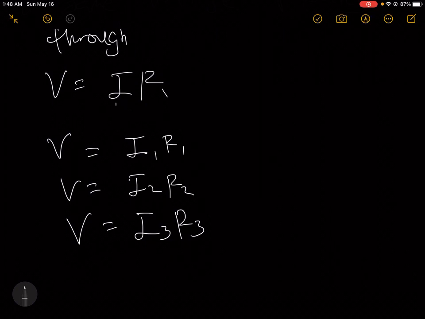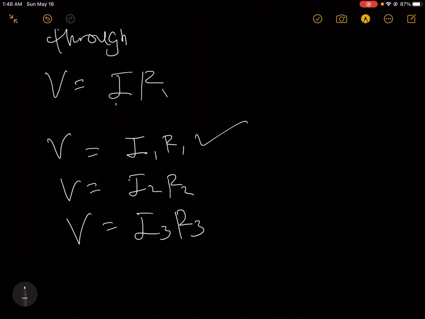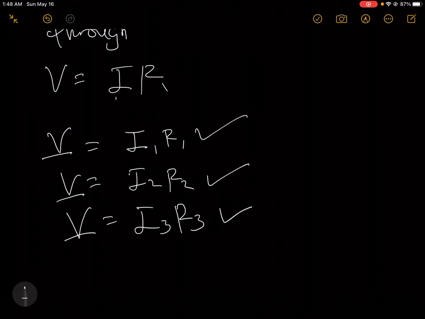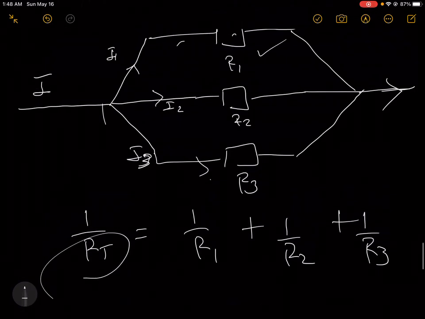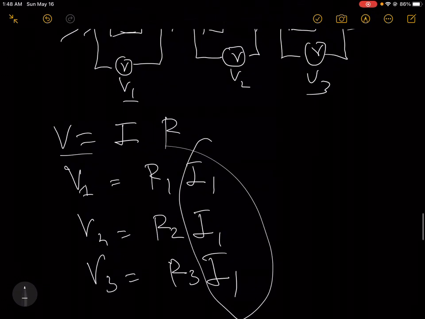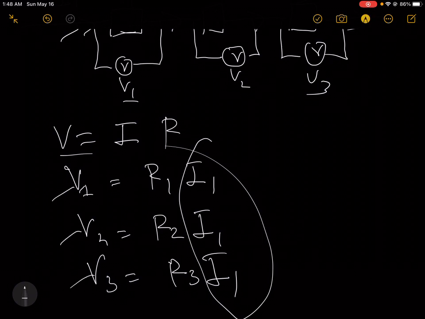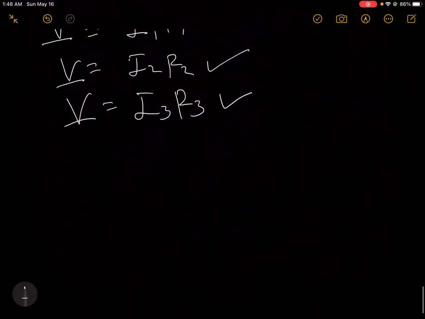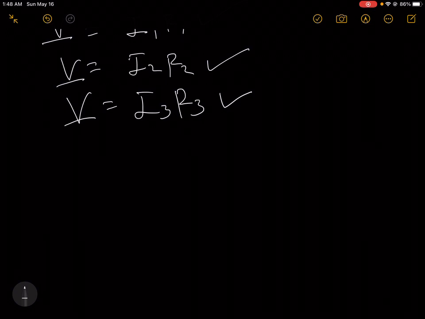It means whatever answer I get here is the same as this, and the same as this. Why? Because the voltage is the same for parallel connection. So I1 R1, I2 R2, I3 R3 all have the same voltage. But in series connection, we have different voltage but the same current. That's a major difference between parallel and series connection.